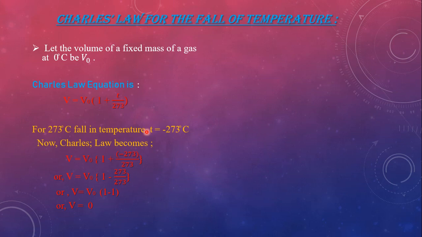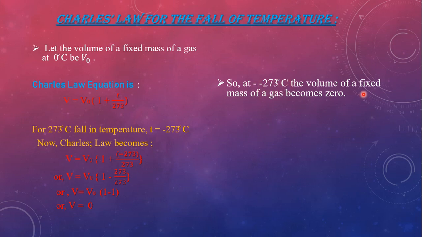So remember, the pressure is constant here. We have not changed the pressure. This is the condition of Charles' law. So at constant pressure, the temperature, that is minus 273 degrees Celsius, at which theoretically the volume of the gas would be zero, is known as absolute zero, right?